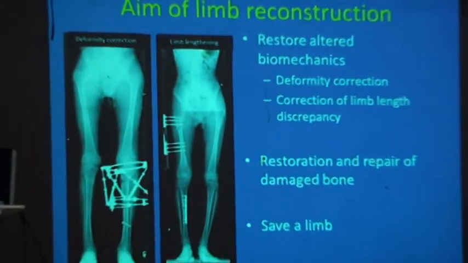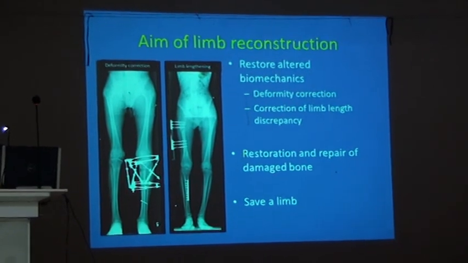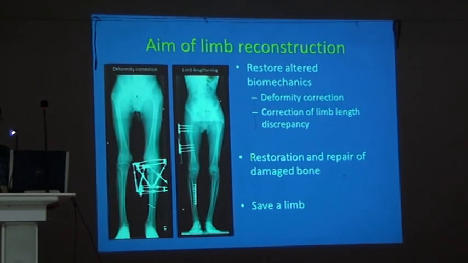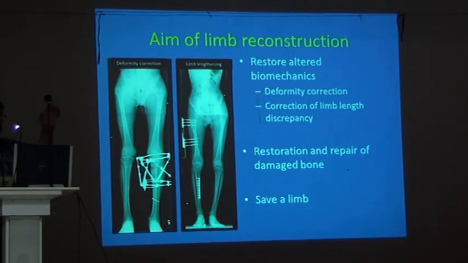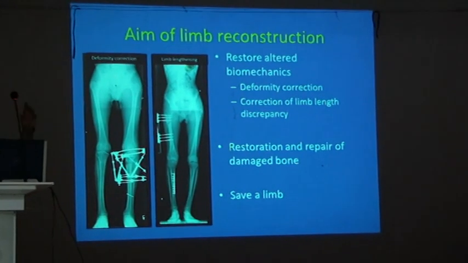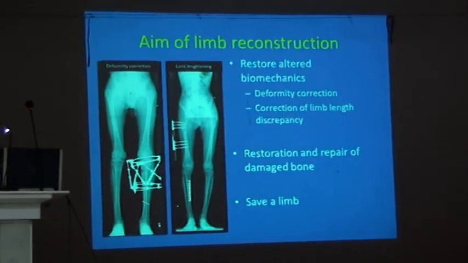So the aim of limb reconstruction is restoration of altered biomechanics by deformity correction, correction of limb length discrepancy, and restoration and repair of damaged bone, and finally to save a limb.